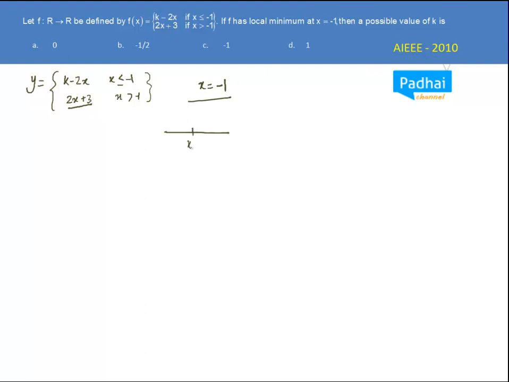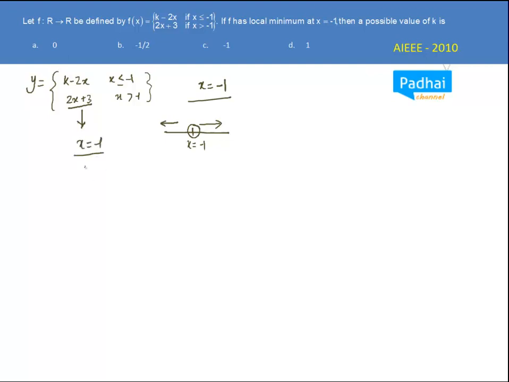If this is x equal to minus 1, then the values to the right of this should be greater than the value at x equal to minus 1, and the values to the left of x equal to minus 1 should also be greater than the value at x equal to minus 1. This is what you mean by local minima. So the value just to the right of x equal to minus 1: if I put x equal to minus 1 in this one, what I'll get?